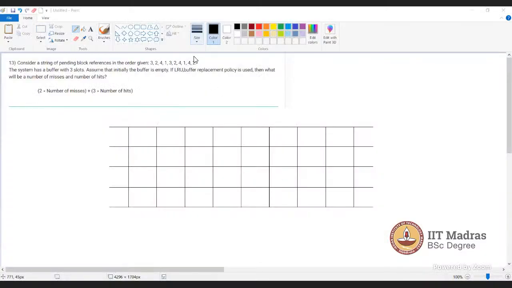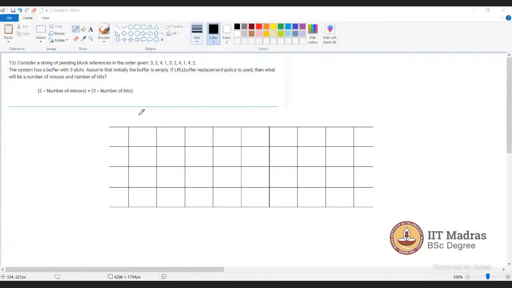Yeah, this is the question. There are 3 slots, sir. So first 3 to 4 should be added, so 3 misses will come there itself.